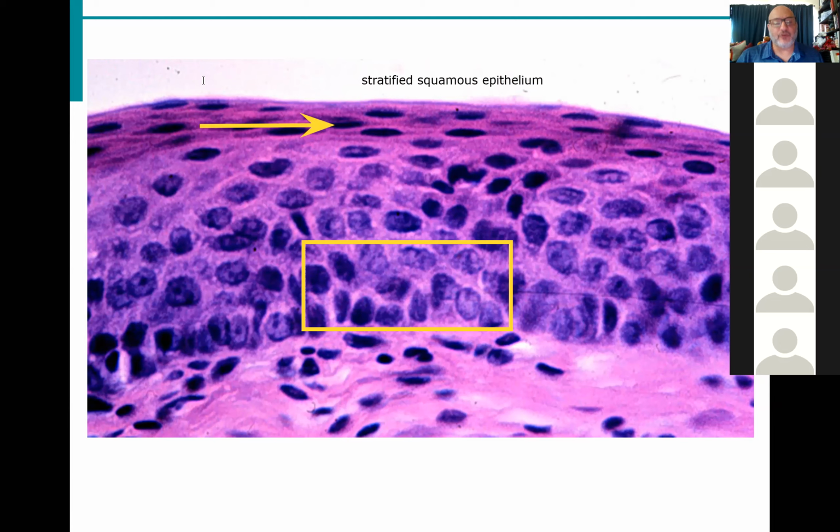And so as you guys correctly assumed, this is a non-keratinized stratified squamous epithelial tissue. So this one is the non-keratinized stratified squamous epithelial tissue. And notice, we couldn't tell that by looking down here at the bottom. We could tell by looking up here at the top.